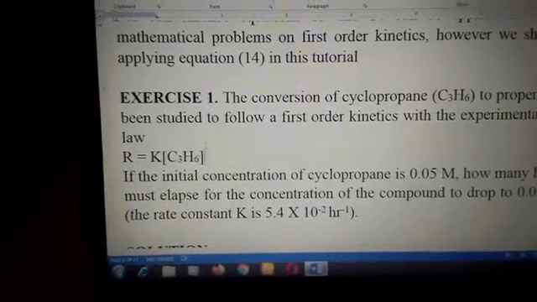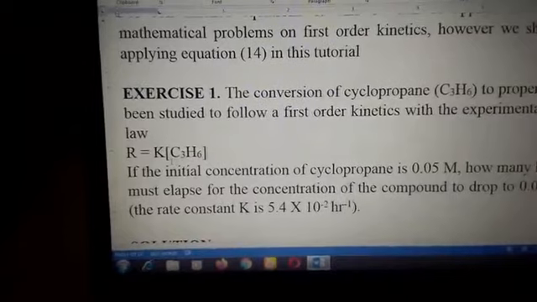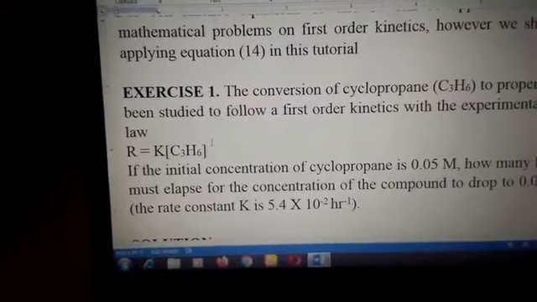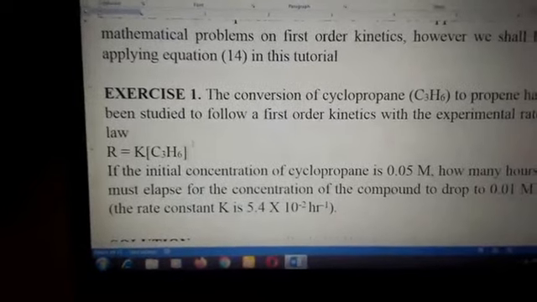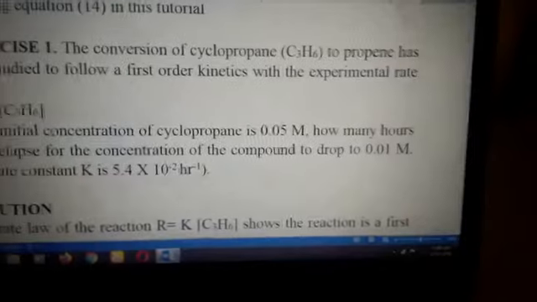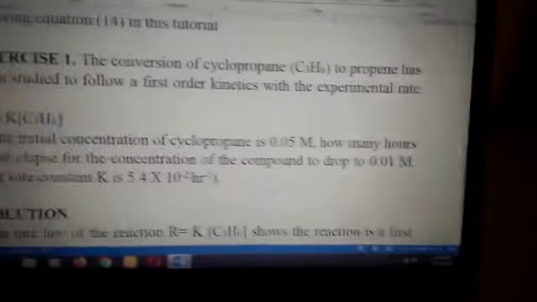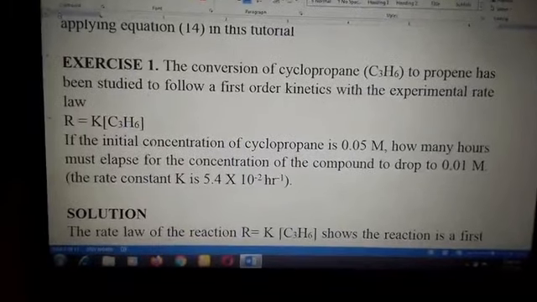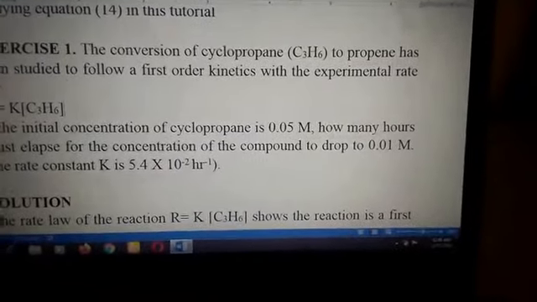There's nothing on it, which means the power on it is 1. And for a first order reaction, the concentration term must be raised to power 1 in the rate equation. That shows that this is a first order reaction. So let's continue. If the initial concentration of cyclopropane is 0.05 mole per dm cube, how many hours must elapse for the concentration of the compound to drop to 0.01 mole per dm cube?